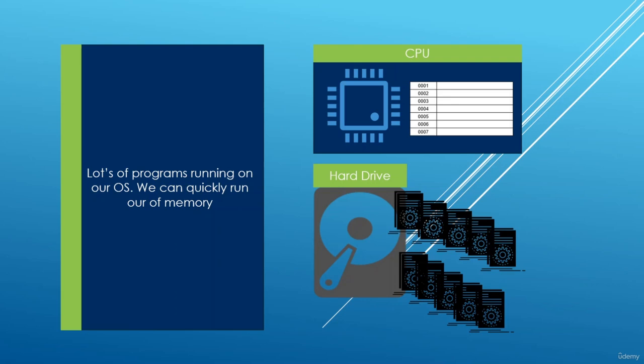If we have many programs and each program is going to use real memory on our computer, we could quickly run out of memory because there are many programs. You might even have hundreds or thousands of programs running on your computer. You may never have enough memory to run them all if real memory was used by each program.